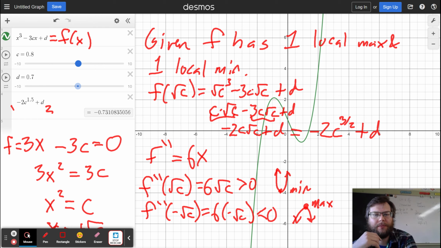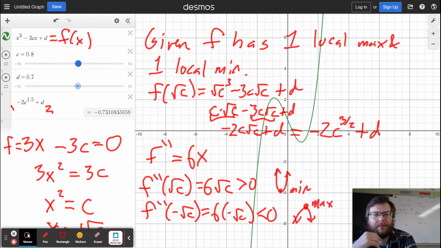If d equals negative 2c to the 3 halves power, then that means my local max equals 0, and that also implies 2 x-intercepts.